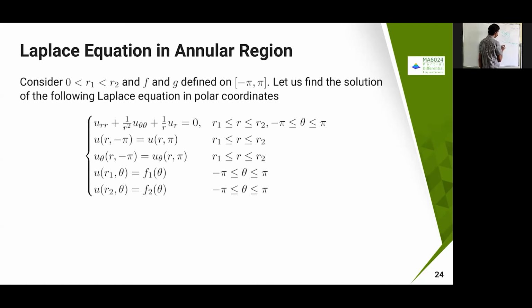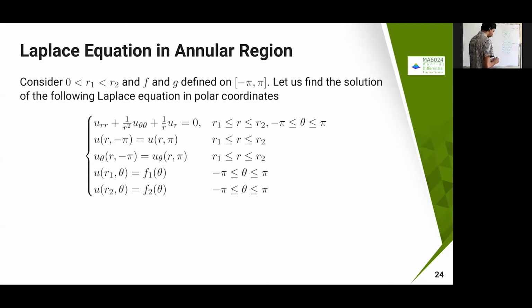Then I have u of r comma minus pi equal to u of r comma pi, and u theta of r comma minus pi equal to u theta of r comma pi, I am going to take. Then u of r1 comma theta I am going to take as f of theta, and u of r2 comma theta I'm going to call f1 of theta.